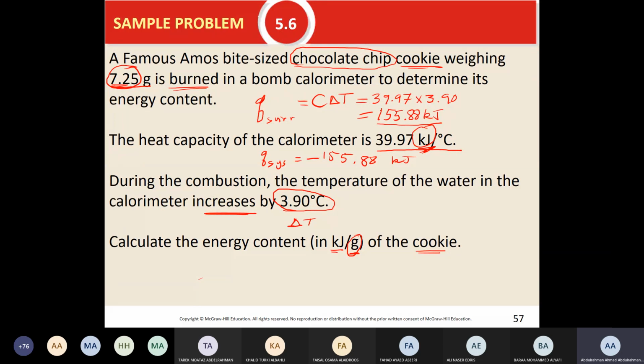So what's the heat per gram? Divide 155.88 by 7.25. Give me the answer. 21.5. All right. Negative. Now I want to know, should we put the negative or not?